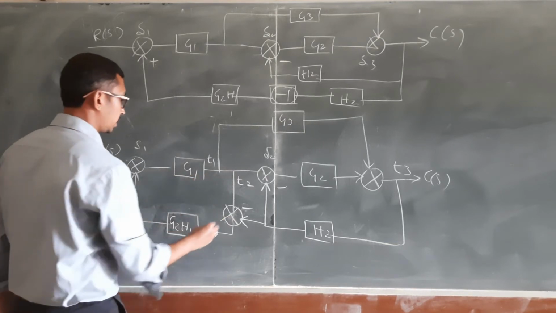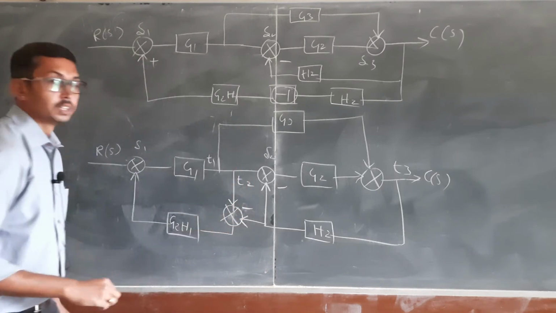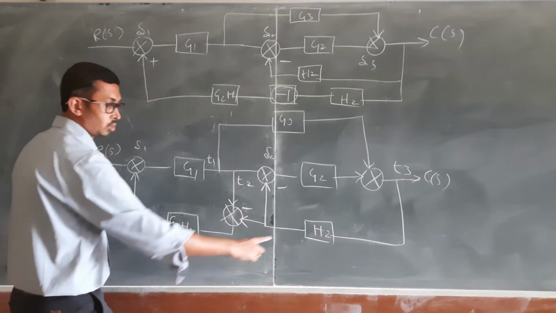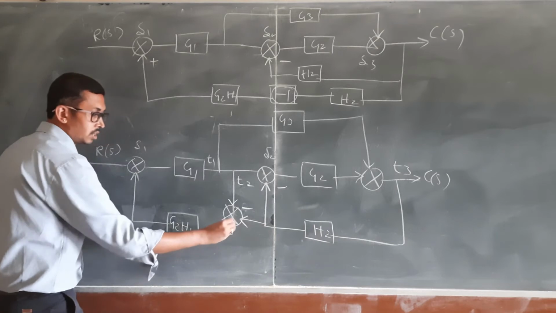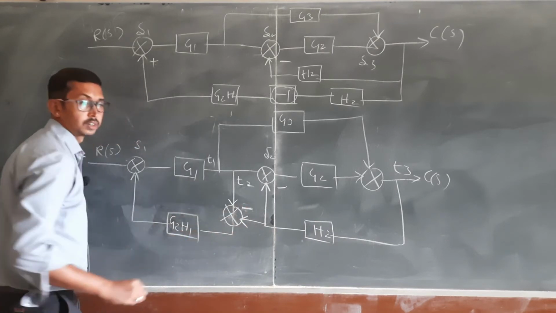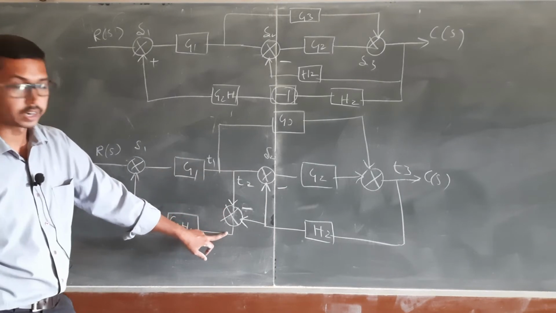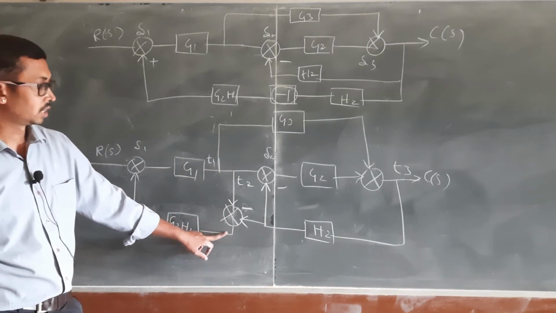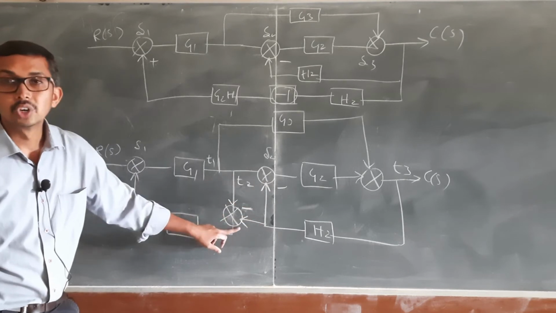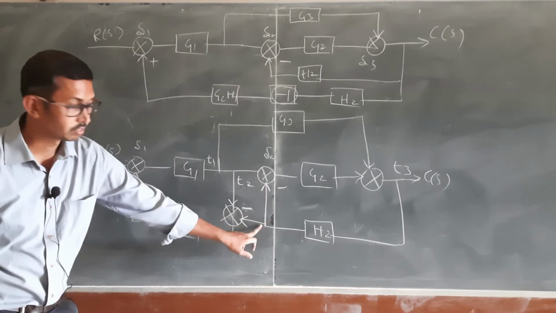Now you don't get confused. When I come from here I get the negative sign over here. But in this case I am coming in this direction, and in this direction I am not getting the signal from this one.